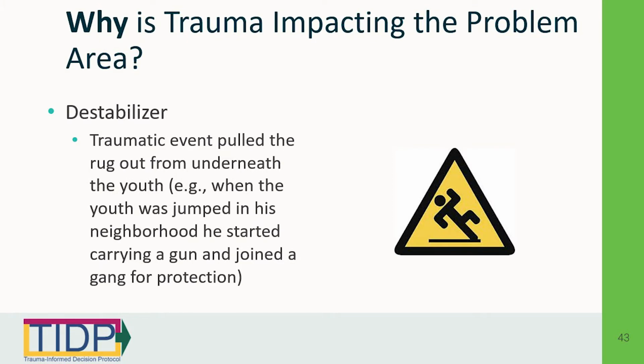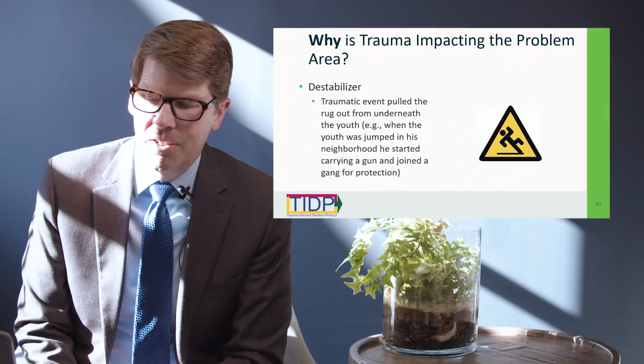A lot of times, traumatic event exposures or trauma reactions could be serving as a destabilizer. Essentially, that's when the rug gets pulled out from underneath the kid, based upon either the traumatic event or trauma reactions. Here might be an example of a destabilizer.